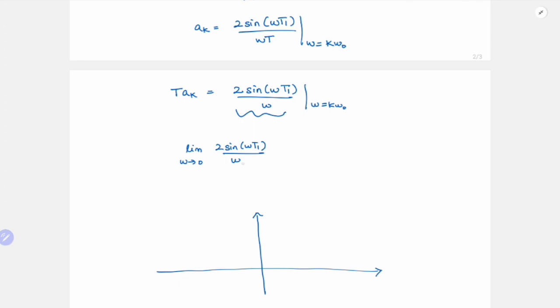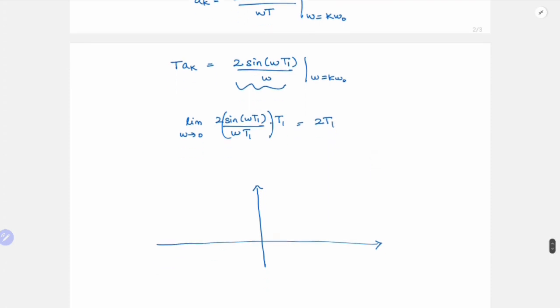So we know sine x by x is going to be equal to 1 as x tends to 0. So here x is omega t1. So I multiply and divide by omega t1. So this term will go to 1, and then I will be left with 2t1. So at omega equal to 0, this 2 sine omega t1 by omega is nothing but 2t1.